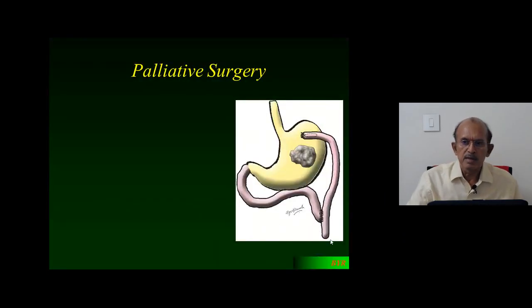Now see this anastomosis. This is the Roux-en-Y loop. This is like a Y.